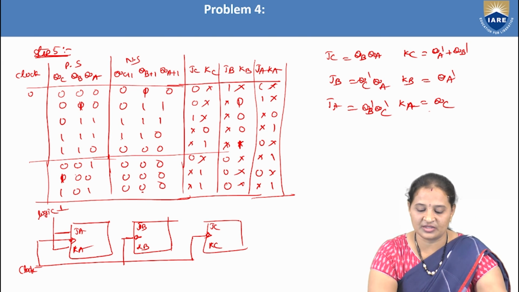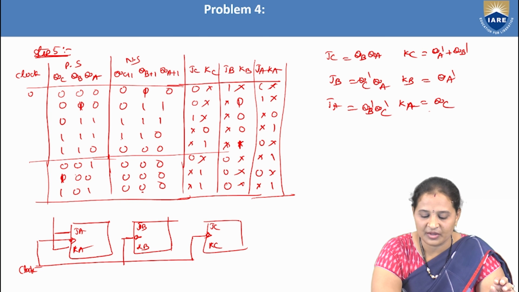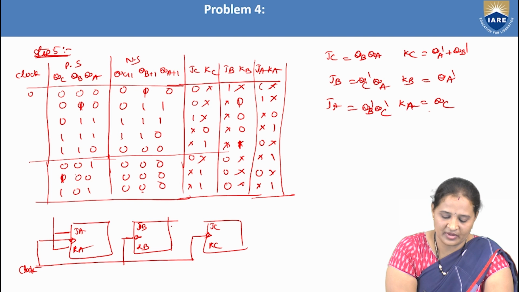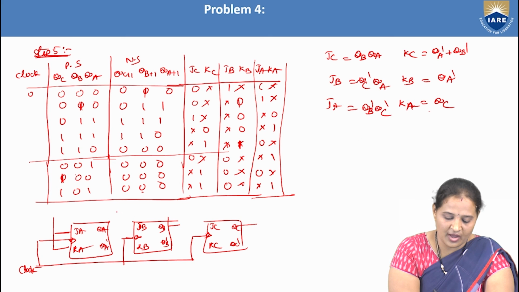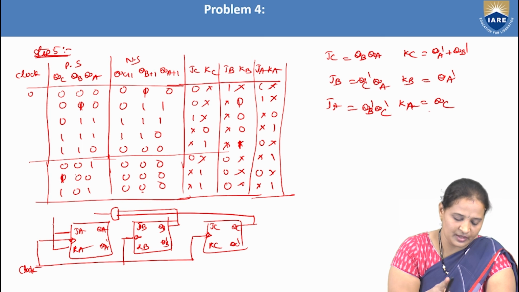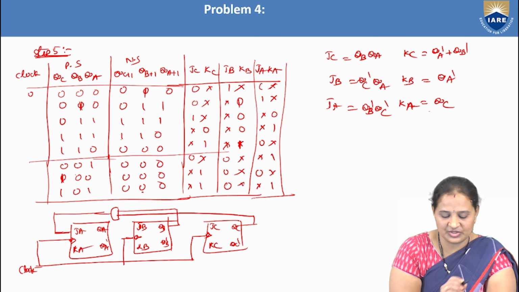So now let us see here. JA is not logic 1. JA is nothing but QB complement, QC complement. So here we have QB complement and QC complement. We need to have an AND gate here where the inputs are QB complement and QC complement, and its output is given as input to JA.